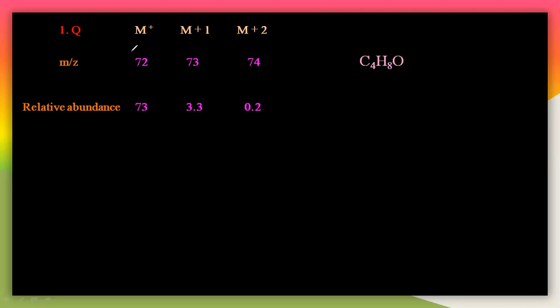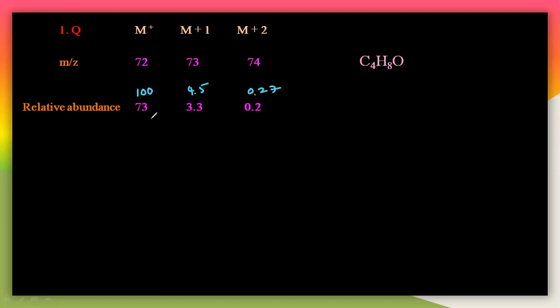Here it is 73, so you have to scale it up to 100%. If you make that 100%, you will get 100, 4.5 and 0.27, as I just told you for the calculation.